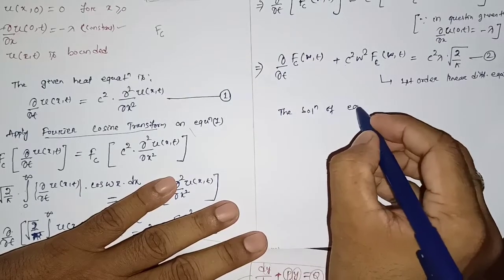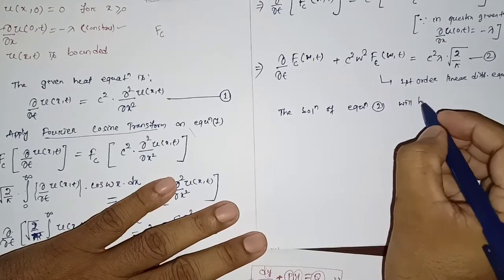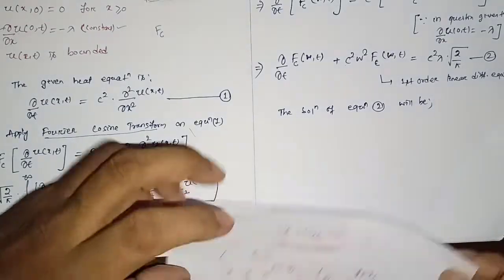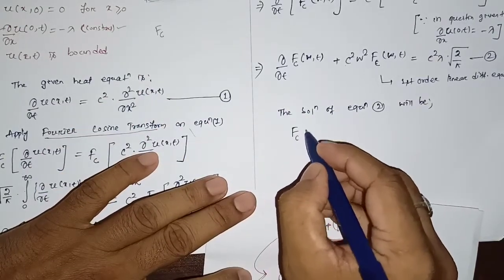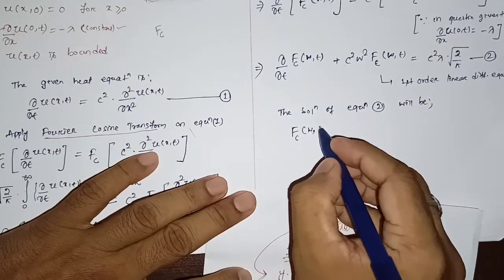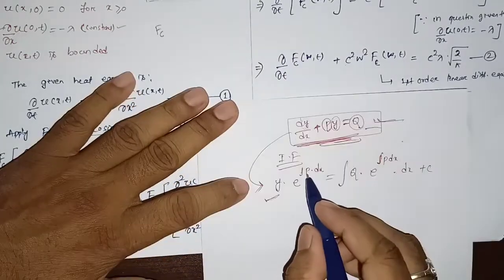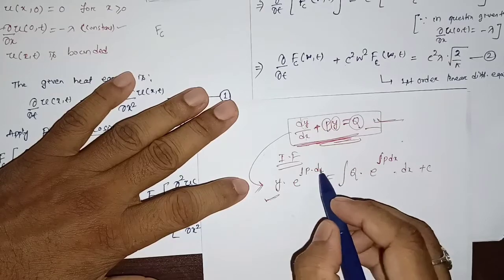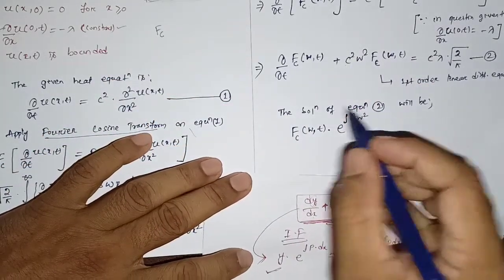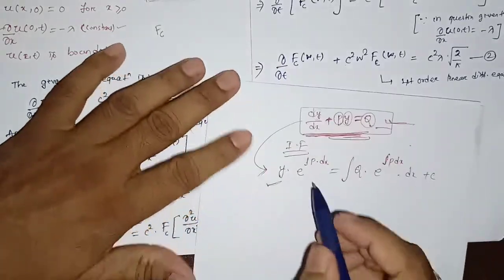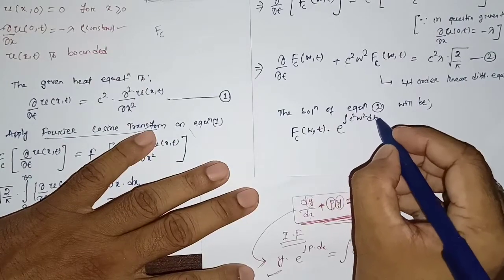The solution of equation number 2 will be written as follows. Here y means capital F c of omega, t, into e to the power integral of P dx. Here P is nothing but c square omega square, and since this is the derivative with respect to t, instead of dx we write dt.